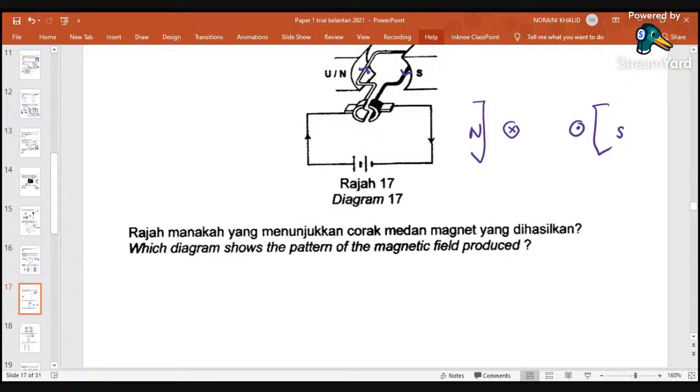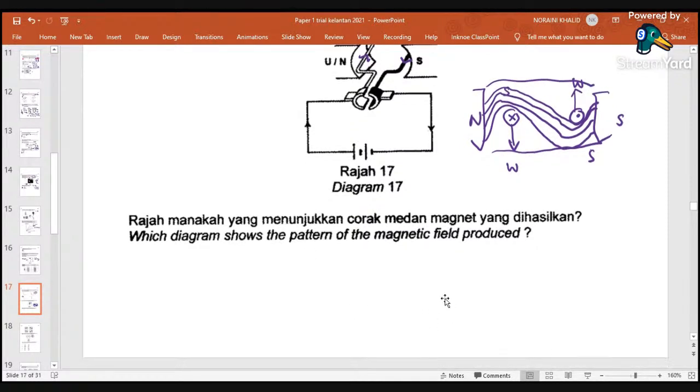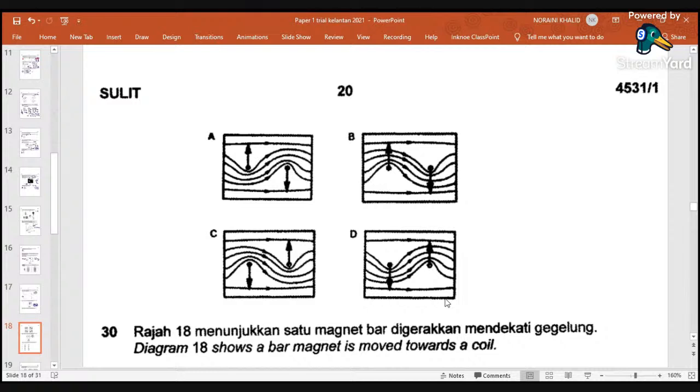You will get for current in, force downward, current out, force upwards. Means here is stronger, weaker, weaker, stronger. So the pattern will become like this. Answer is C.